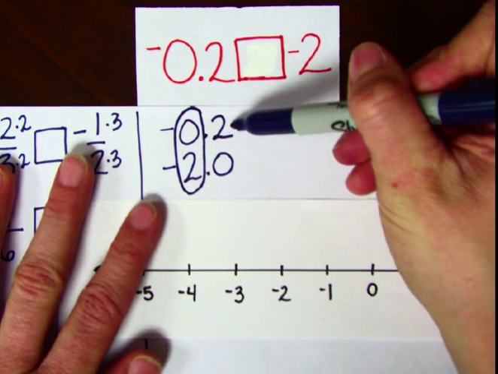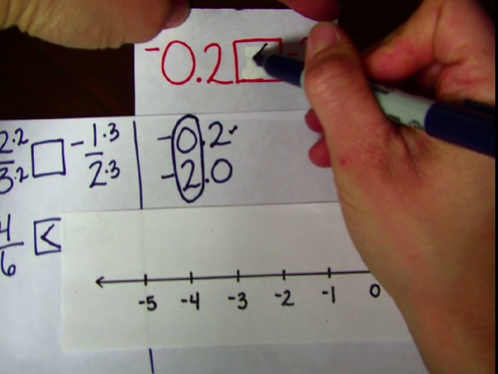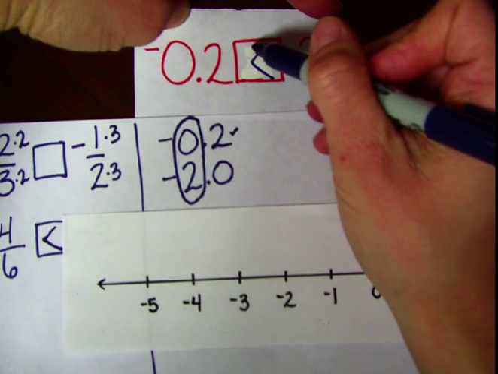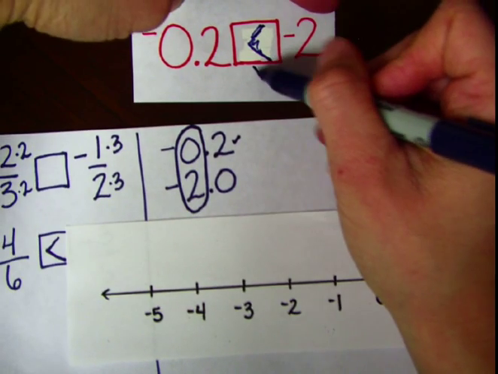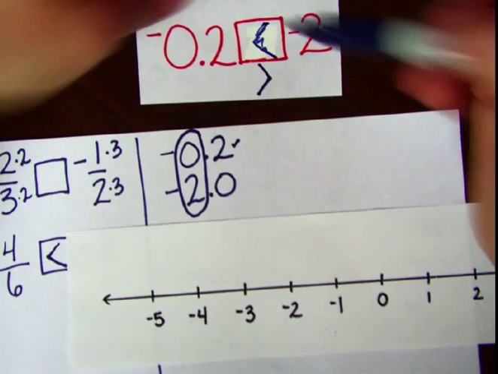So this number is larger. Therefore, -0.2 is greater. Oh no, scratch that. -0.2 is greater than -2.